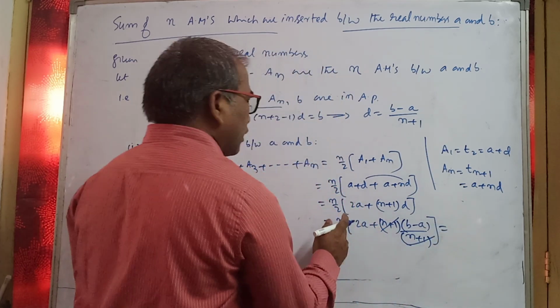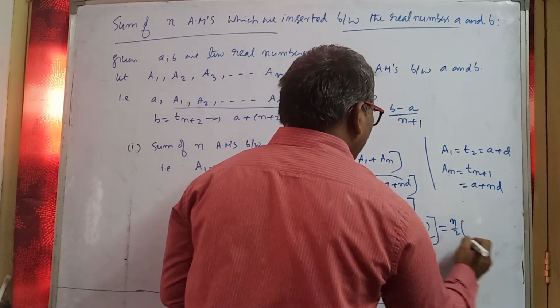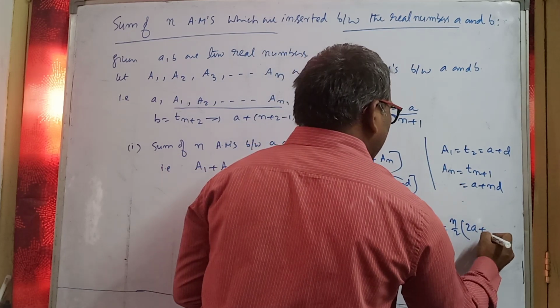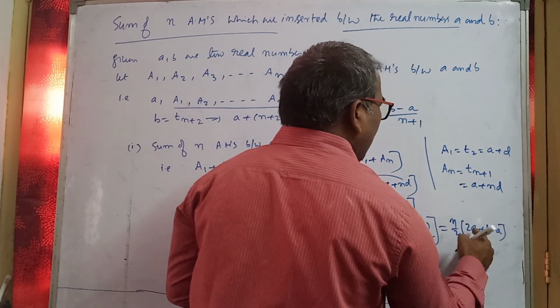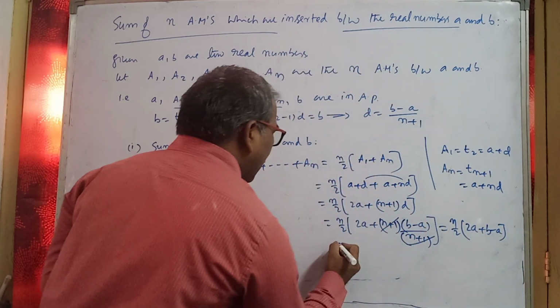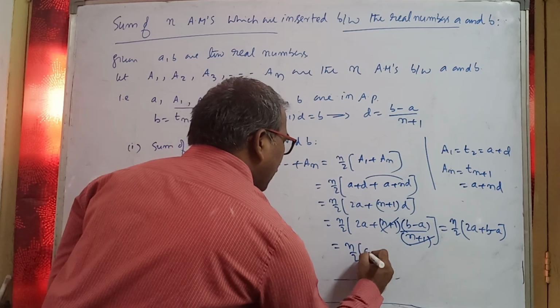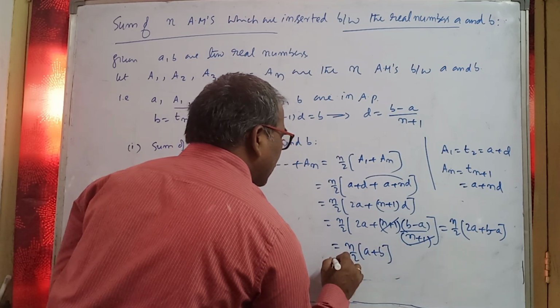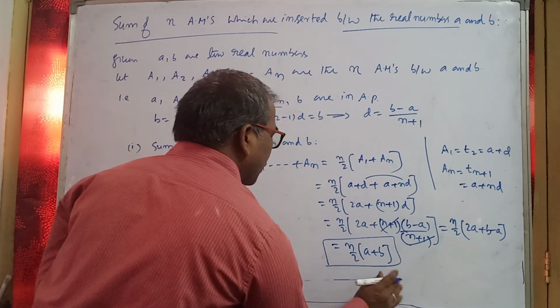Here it is n by 2 into (2a plus b minus a). 2a minus a, finally it is n by 2 into (a plus b). This result you should remember.